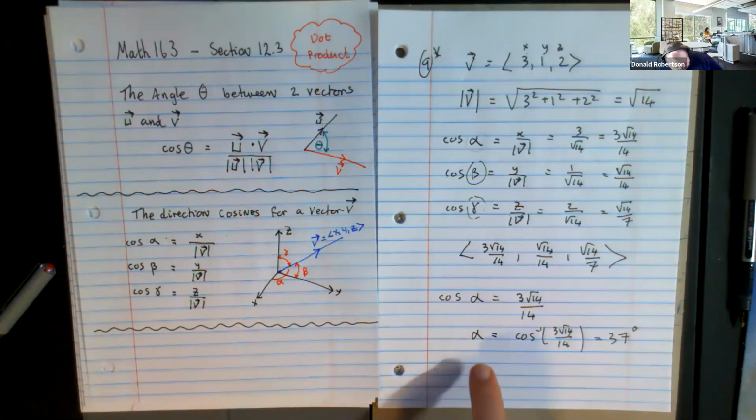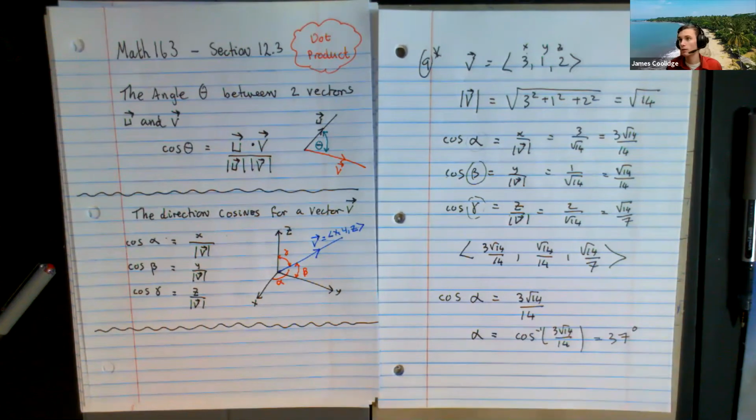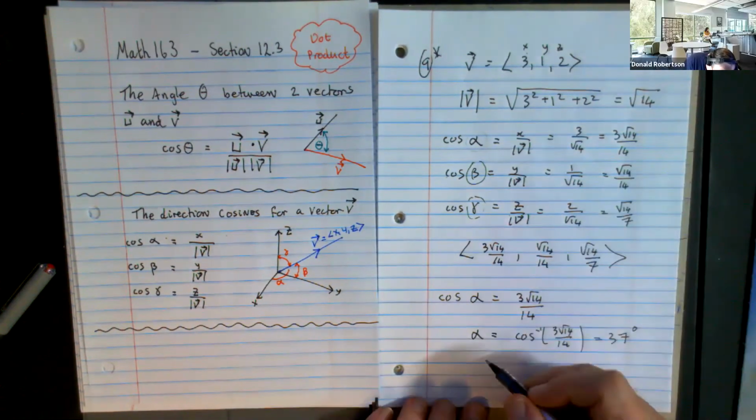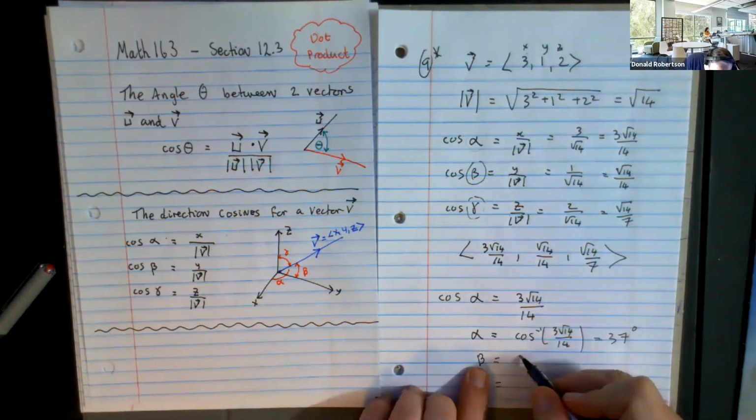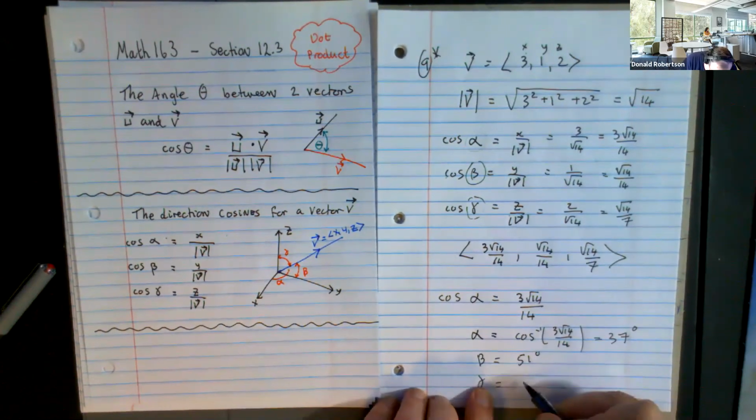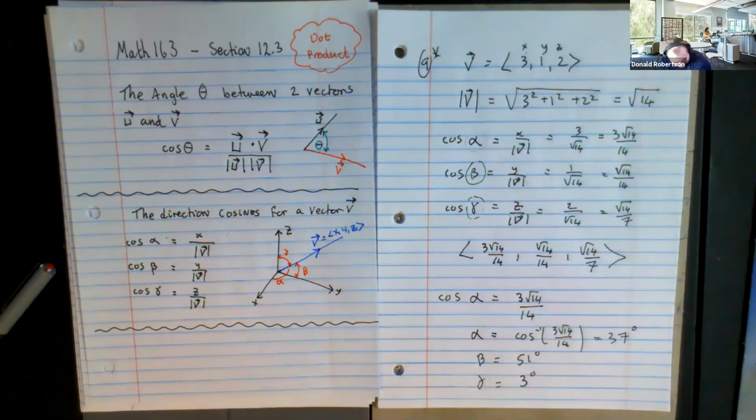Do you want to see beta and gamma? Are you quite comfortable that they would be very similar looking calculations? You want to see them or not? I think we're good. Very good, okay. So I'm about to lie here. Beta ends up being 51 degrees, gamma ends up being 3 degrees.